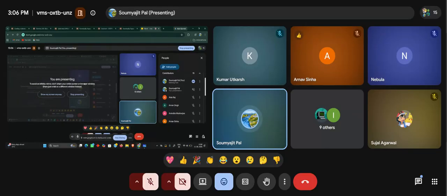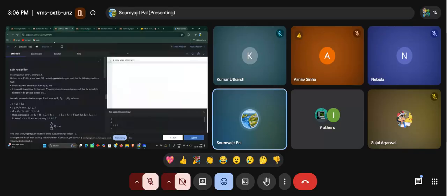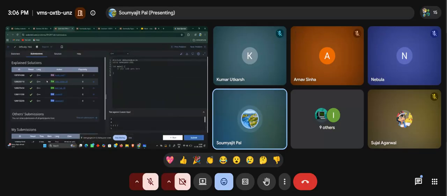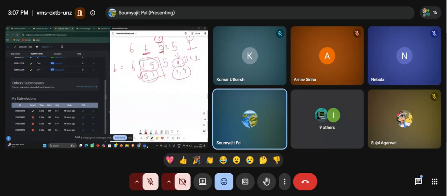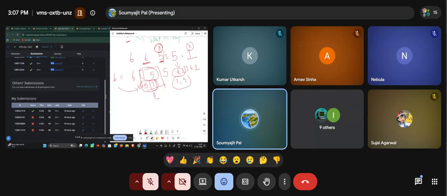When I solved this question, I had many wrong submissions because I was only considering the left value, what I had chosen here. I had only concerned myself with what I placed in the B array, this left one. I was not considering this right value, but you have to consider it for placing.